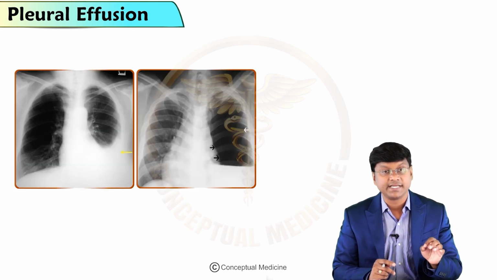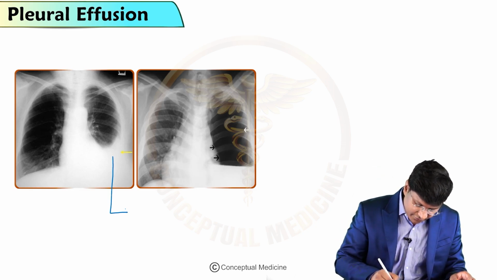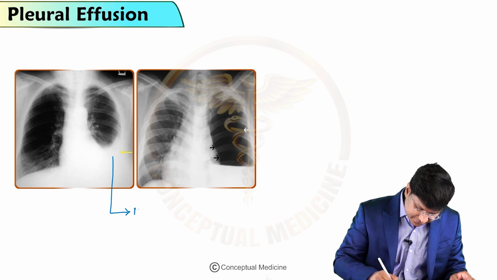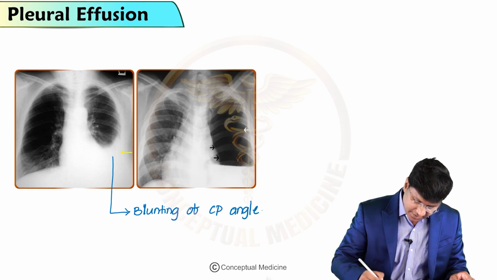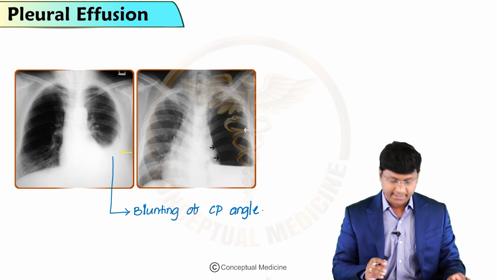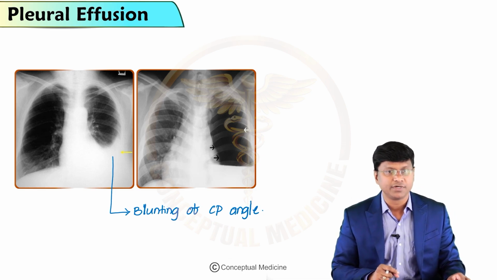The earliest sign of pleural effusion on the chest X-ray will be blunting of the costophrenic angle. So that will be the earliest sign on the chest X-ray in patients with pleural effusion.